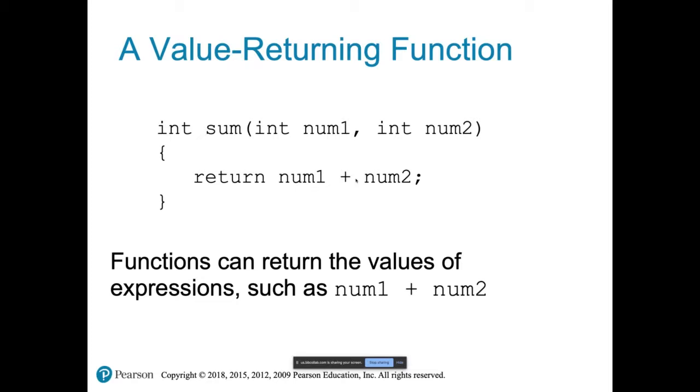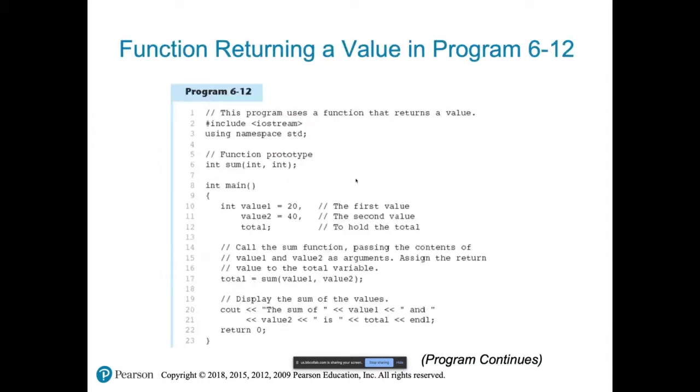You can return based upon an evaluation of an expression. It doesn't have to actually be a variable. Like in this case, they just say return num1 and num2. Here's an example. They do the summation of value 1, value 2, assign it to total, and then display it.